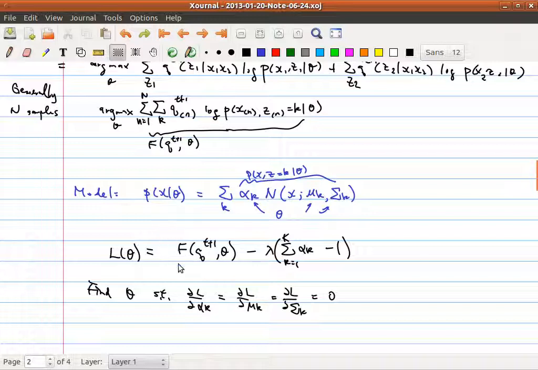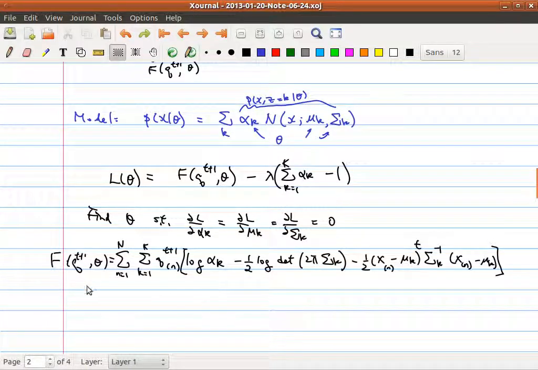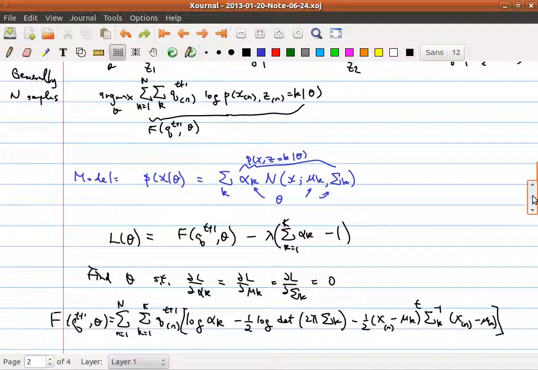Now we have this objective function with respect to theta, so we just set the partial derivative to 0. So let's try to take the partial derivative with respect to mu k first. So let me write down this objective function. Okay, write down the f first. f is equal to, as we showed earlier, a sum over n and a sum over k, with this whole thing here.